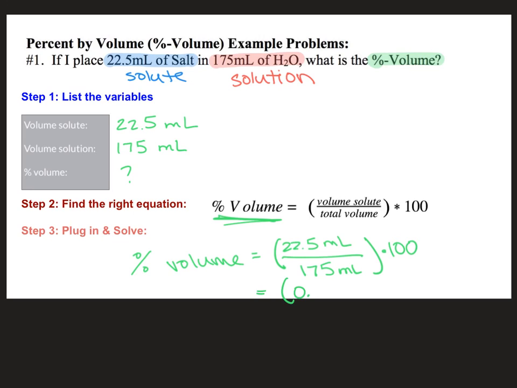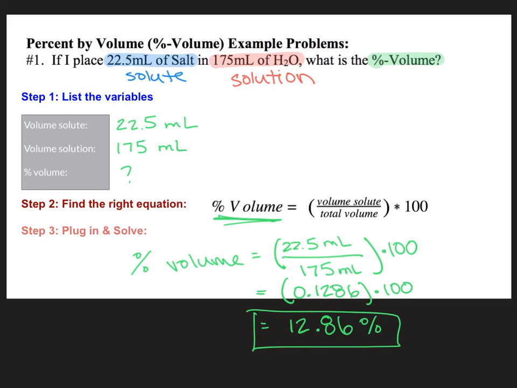So I have 0.1286, let's go with. Then multiply that by 100. I'm going to keep writing down here in order to get the percent. So we have 12.86%. And that would be our answer for the percent volume of salt in this solution.